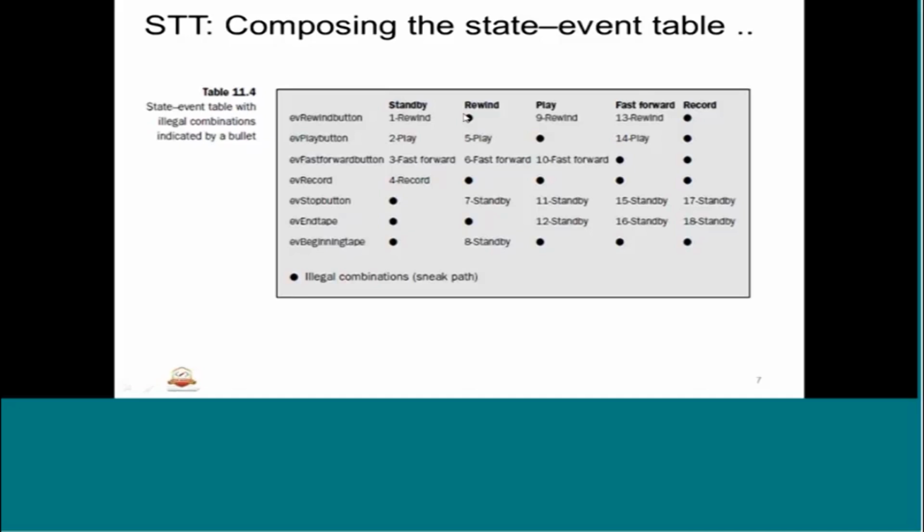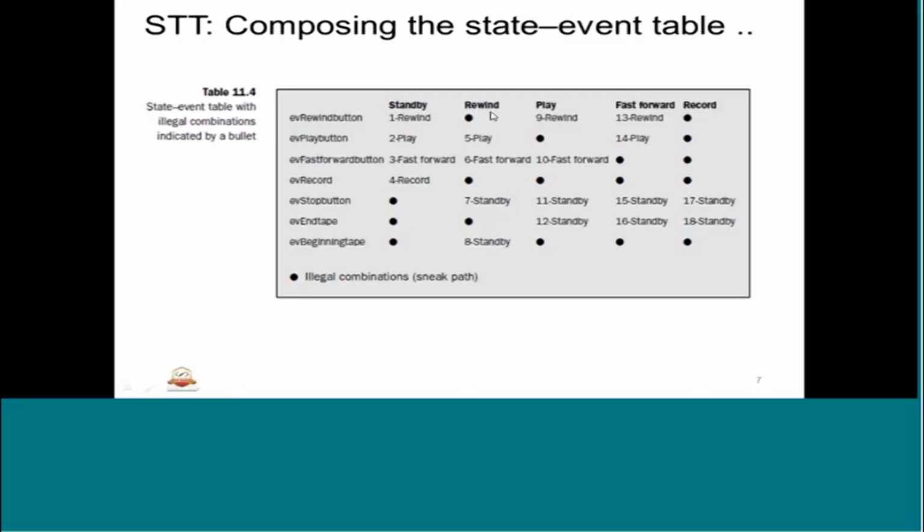And similarly, we have standby to rewind as the 5th, and the 6th one is fast forward. The 7th is standby; from rewind it can go to standby. Similarly, for beginning, the 8th is standby. It means rewind to standby. You have to see it that way.